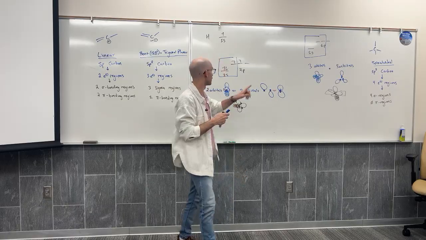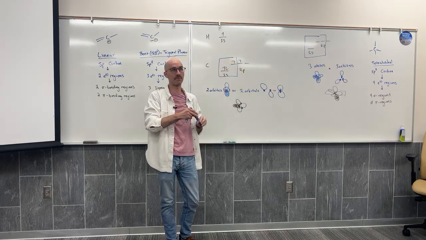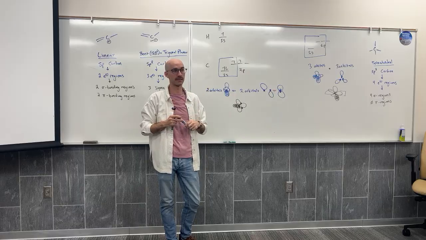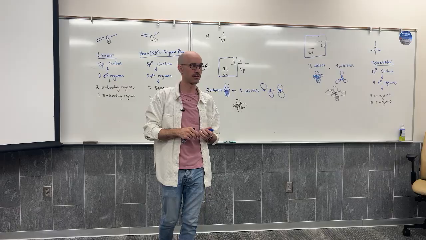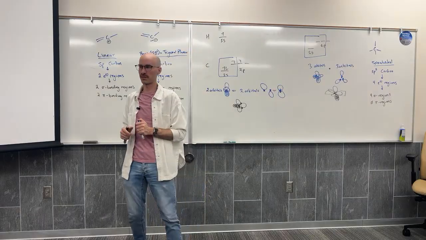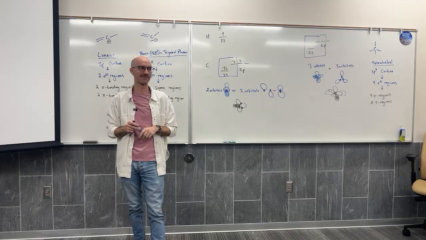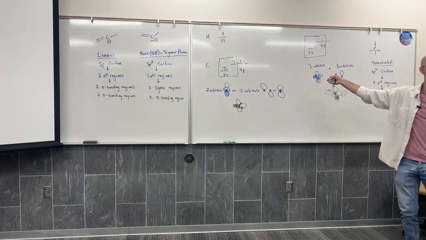Yes, if p is not used in a hybridization, then it stays unhybridized and it can be used for pi bonding. Exactly. Pi bonds require p orbitals. That's a lie. D orbitals can do pi bonding too, but we're not going to have to deal with d orbitals yet. Maybe. Okay.